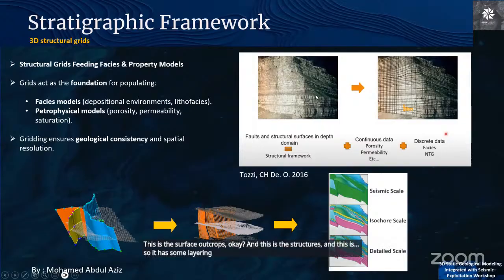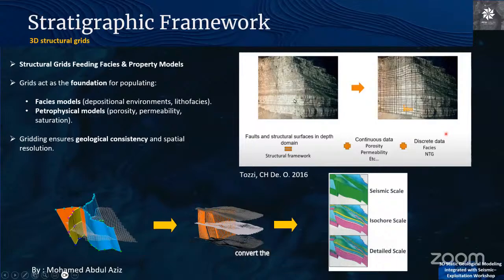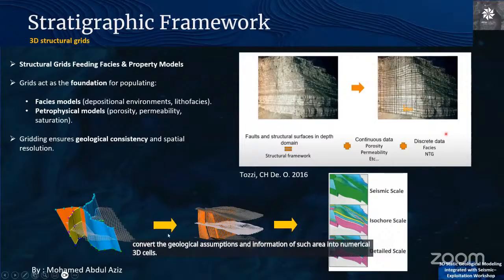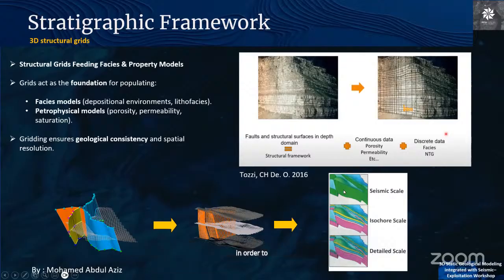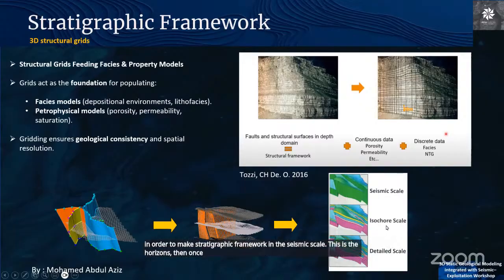In order to convert the geological assumptions and information of such an area into numerical 3D cells, okay, you need to have a fault framework, you need a skeleton data, and then a stratigraphic framework at the seismic scale. These are the horizons. Then you go to the isochore scale, using isochore thickness maps to make a zonation, okay?